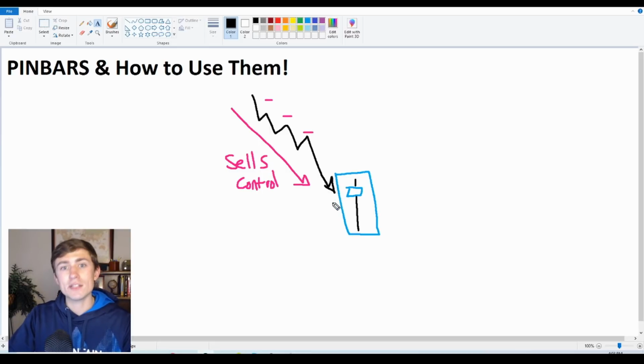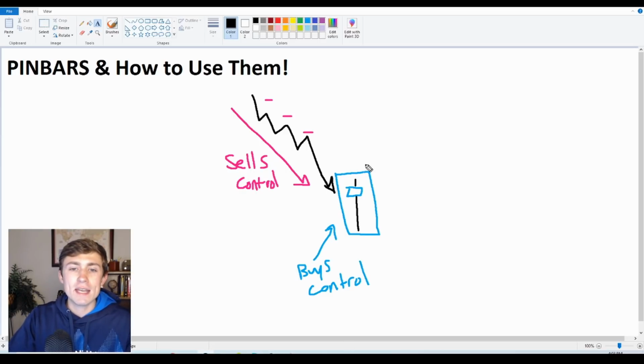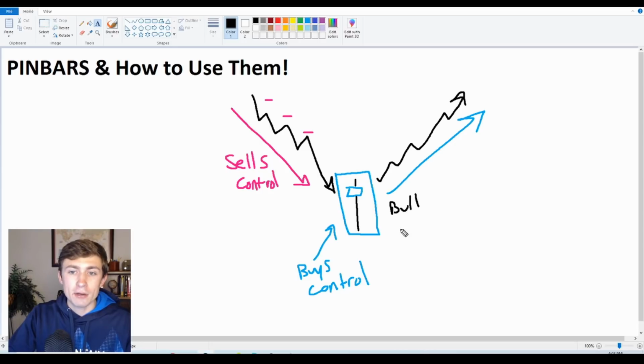And what that signals is that buyers have stepped in, and potentially buyers may control this market now. The idea here is that the next move could be a resurgence or a reversal to the upside. So as buyers step in down at these lows, the pin bar there, again, our bullish pin bar is down here.